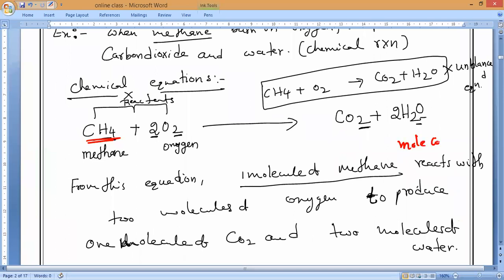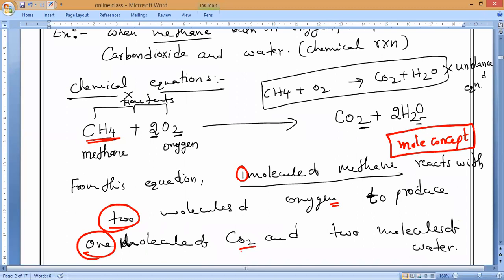Do you remember the mole concept? Yes, sir. We will represent it in terms of the mole concept. You can see here: 1 molecule of methane reacts with 2 molecules of oxygen to produce 1 molecule of carbon dioxide and 2 molecules of water.